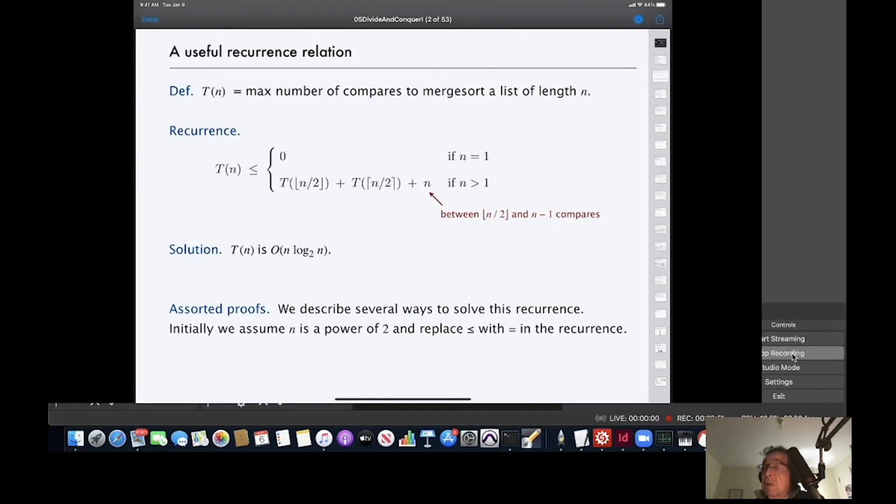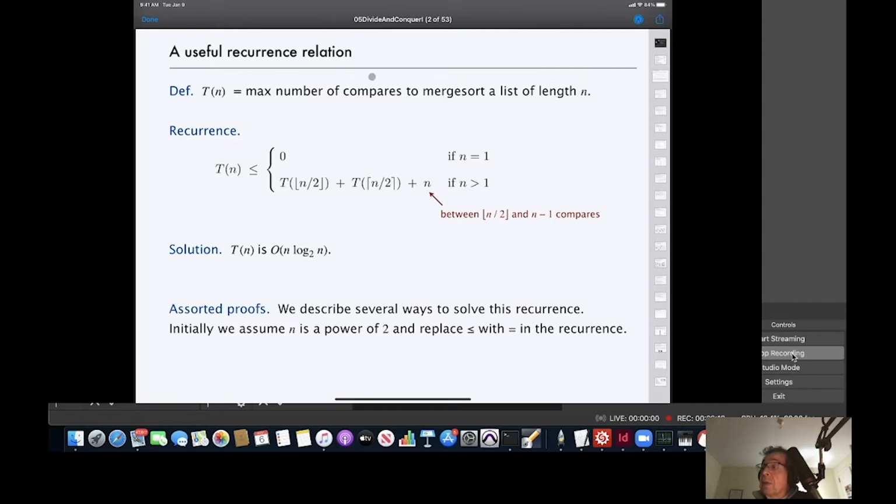We can always write the time, or the maximum number of compares, since comparisons are the significant operations in this problem. So we just need to count the number of compares. Let's say T of n is the maximum number of compares to merge a list of length n.